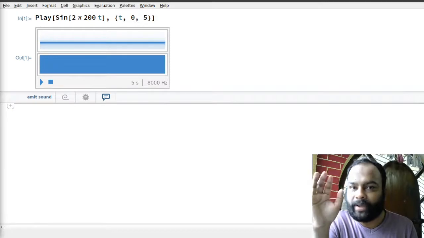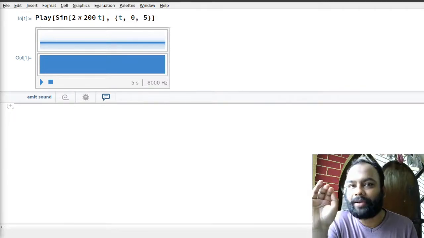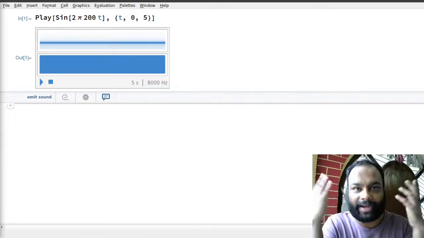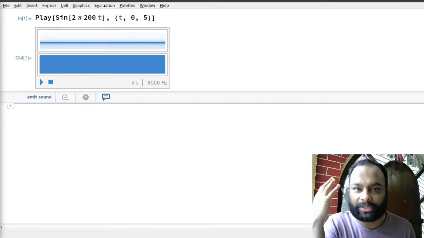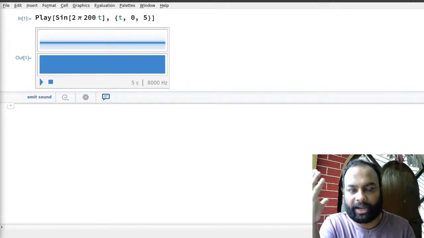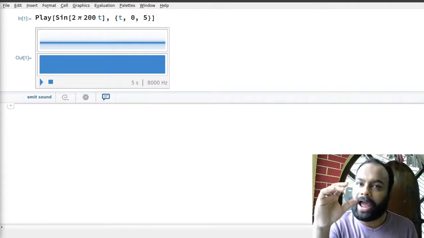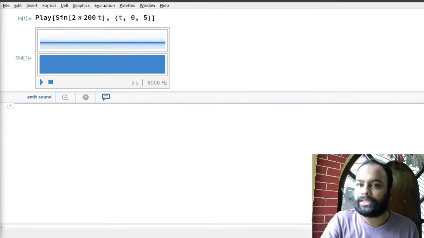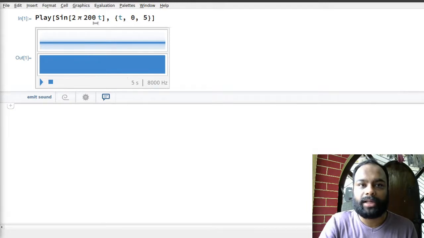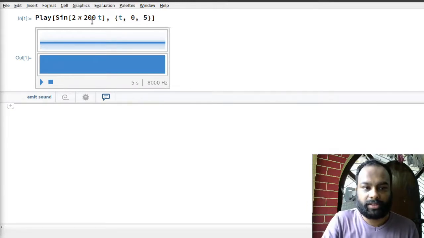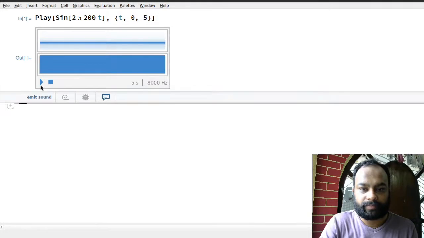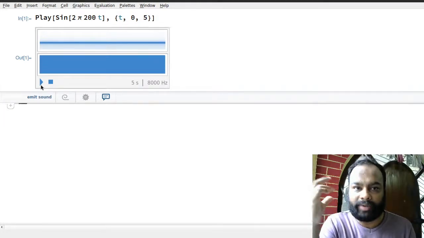Thanks to the beauty of OBS, if you have an earphone or a headphone right now, you probably heard a very low frequency sound. I just generated a sine wave that works at 200 hertz. So this is a 200 hertz sine wave.